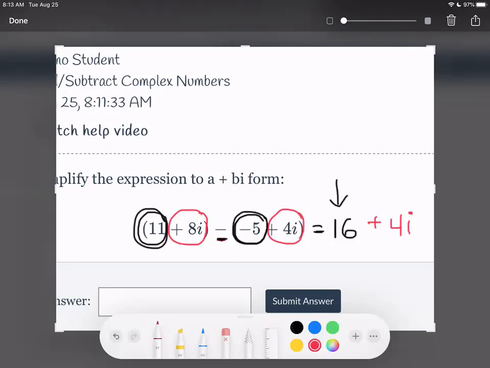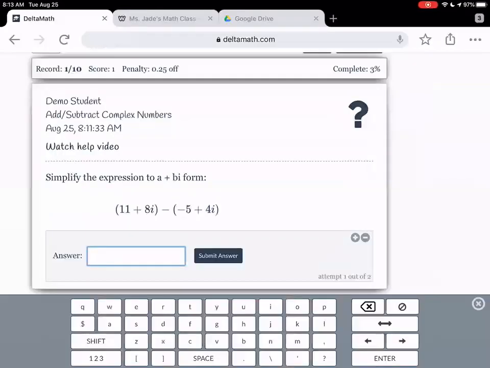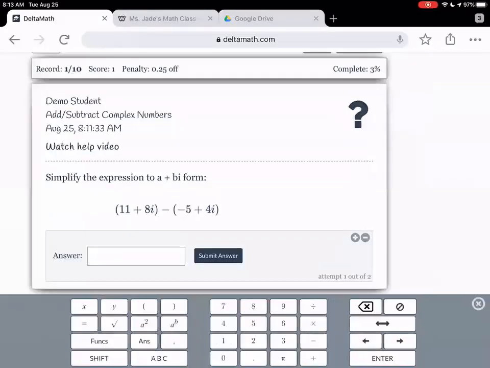And then we have 8i, and it was a minus 4i. So we get 4i as a result of that. So 16 plus 4i.